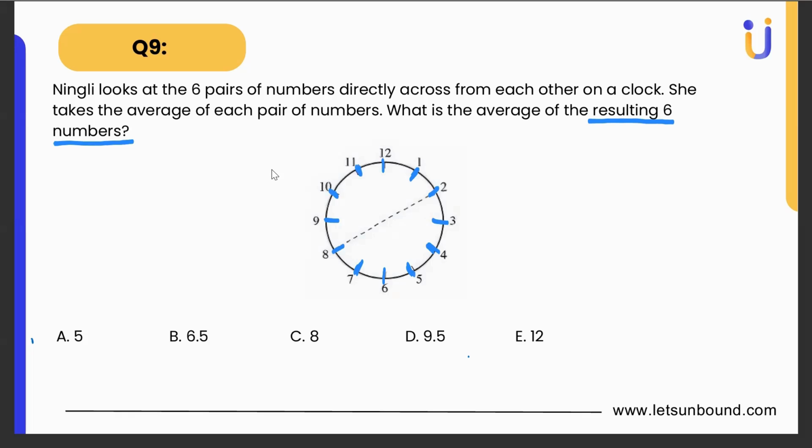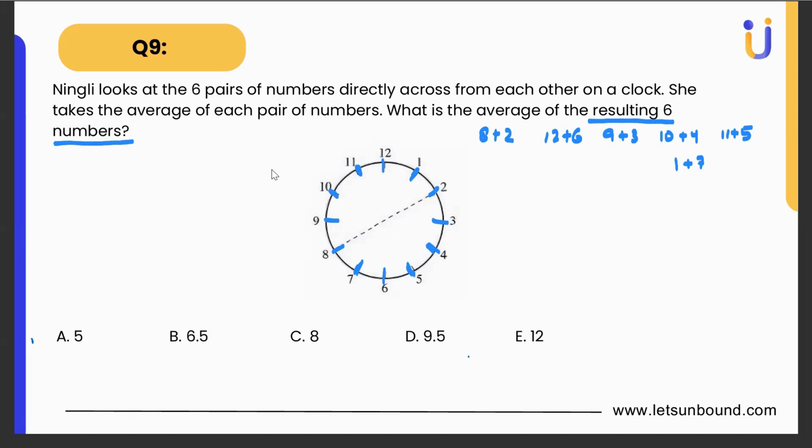Now, how do we solve this question? A very easy way is to add all numbers. I'll find out the average of 8 and 2, 12 and 6. I'll find out the average of 9 and 3. I'll find out the average of 10 and 4. I'll find out the average of 11 and 5. And I'll also have 1 and 7. I'm just writing down the sum yet.